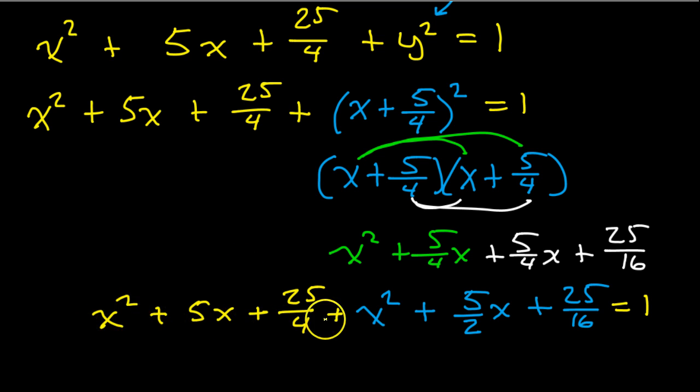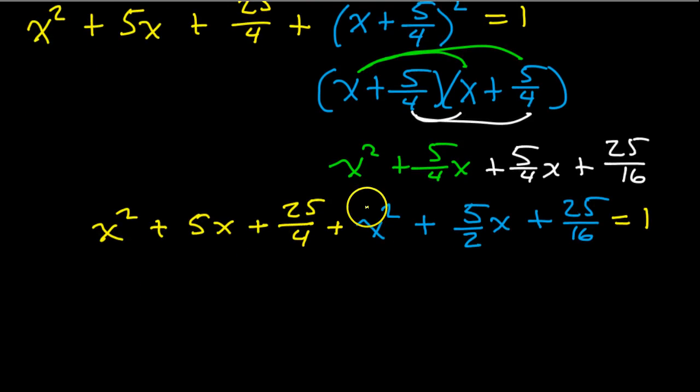Alright, notice how this equation has nothing but x's in it. So I should be able to solve this. Again, I'm not liking the fractions, so I'm going to multiply by 16 because all of these numbers are factors of 16. I'm going to multiply every single term by 16 to get rid of the denominators.